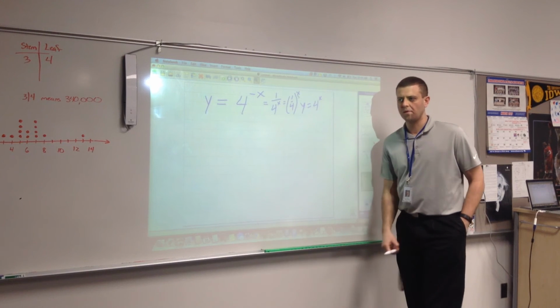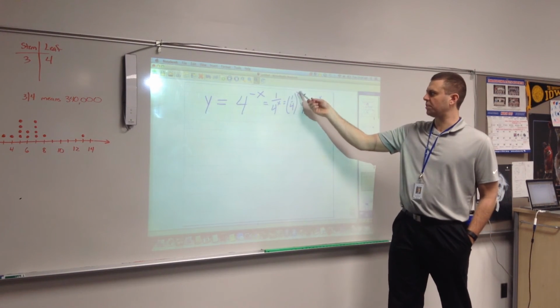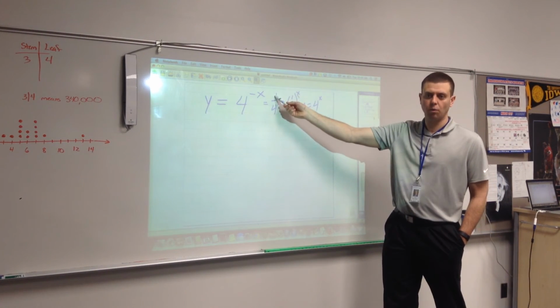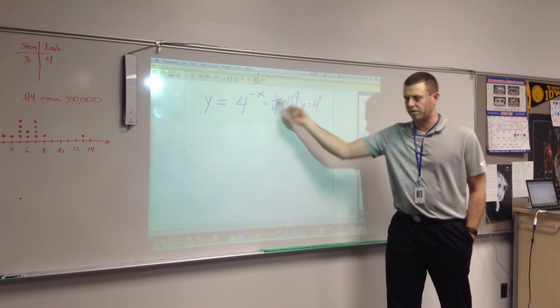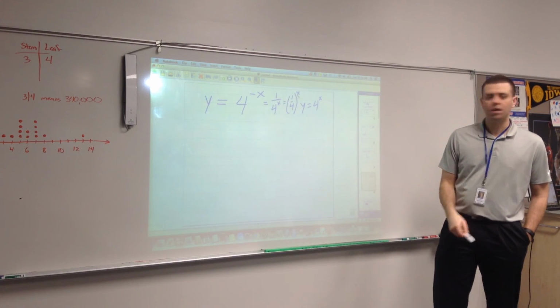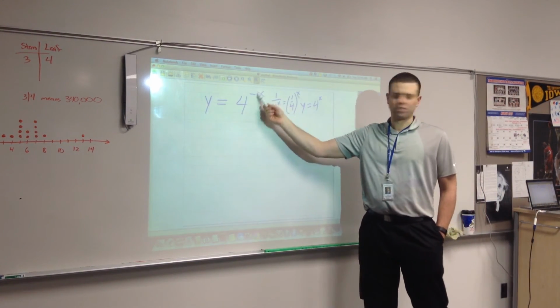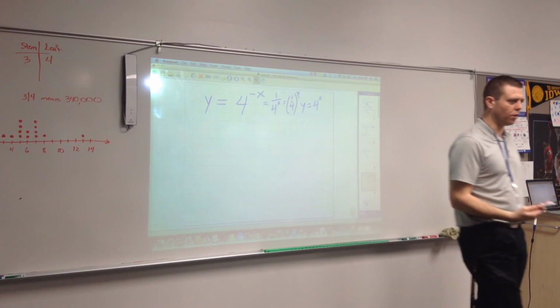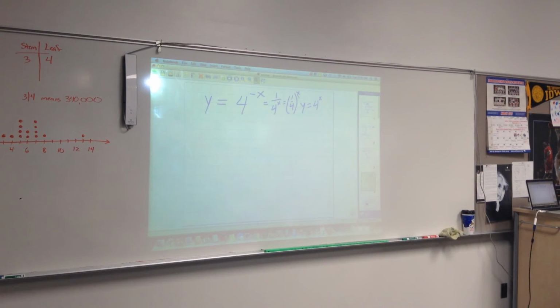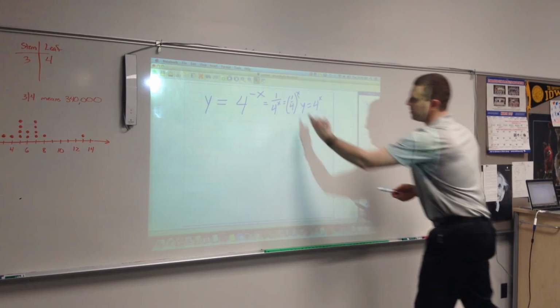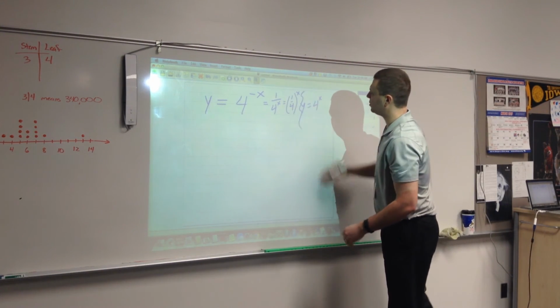Yeah. Because 1 to the x power is always going to be 1, and 4 to the x power is what we had in our denominator anyway. So 4 to the negative x is really the same thing as 1/4 to the positive x. Now is it easy to tell that that's going to be decay? Yeah. Because our b value now is between 0 and 1.